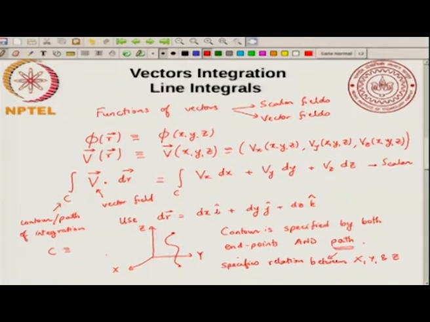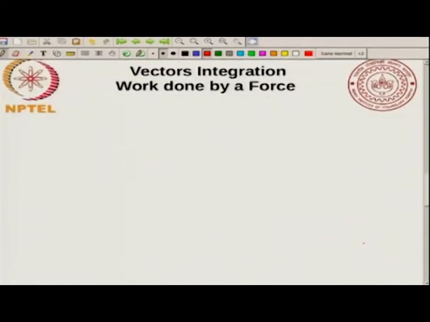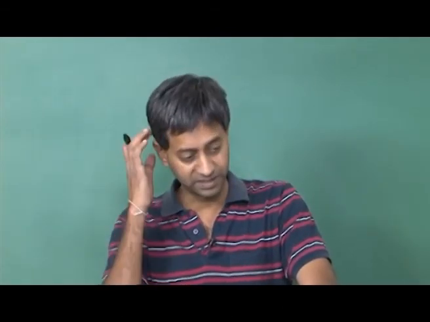Now we will come to the most popular example of vector integration, which is to calculate the work done by a force. This is where we use the idea of line integrals. We will take an example of calculating the work done by a force.